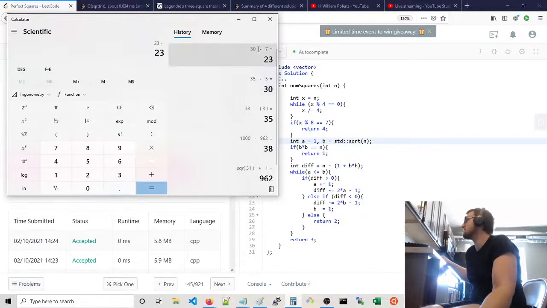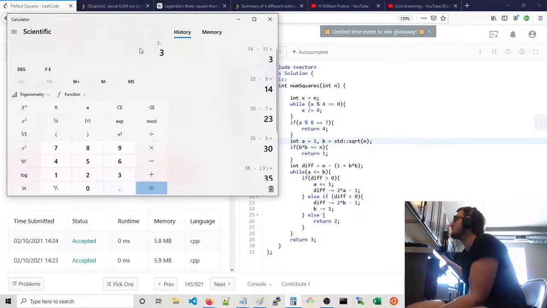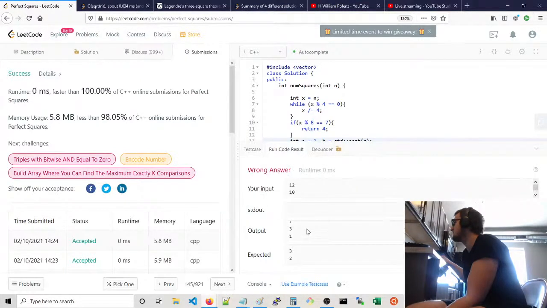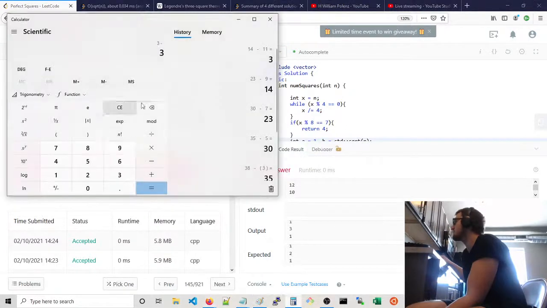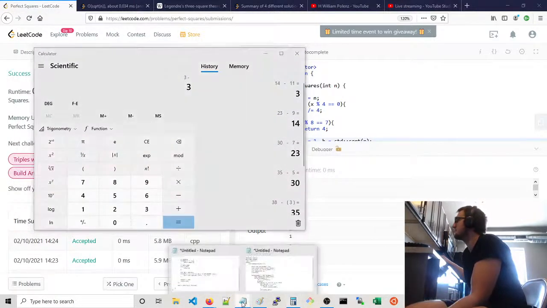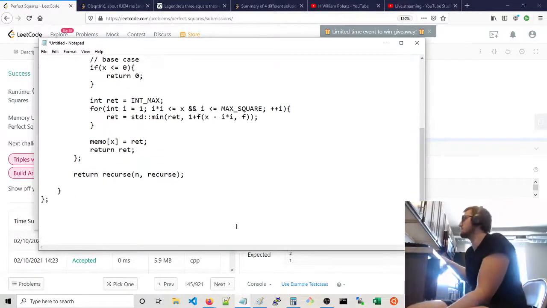So that's 7. Now we know subtract 9. 11, and then now we would subtract what do we expect here, by the way? Two. Really? 100,000 minus 2. Or rather, what are the 2 squares that give you 100,000?